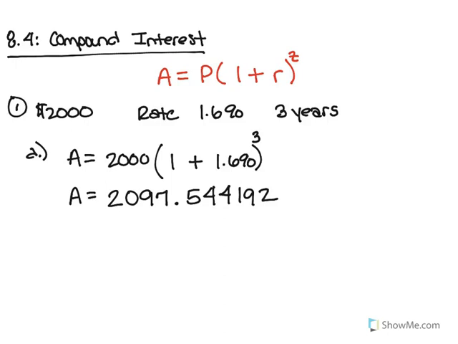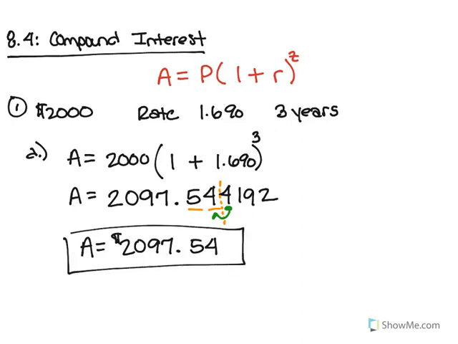Now this is money. So money, we do how many decimals? 2. Okay, cents comes in 2. So if we do 2 decimals, that's 1, 2. You gotta look at the third number to see what to do with the second. So do we round up or stay at 4? Stay at 4, good. So our loan value will be $2,097.54.